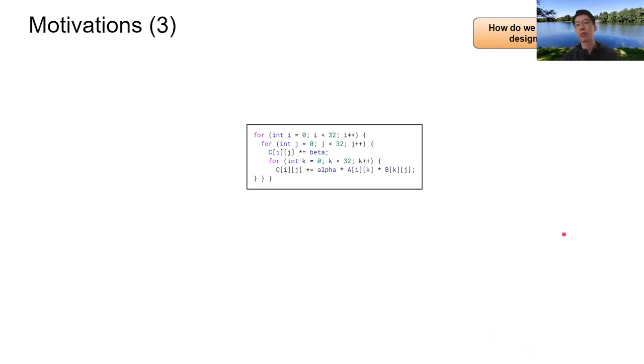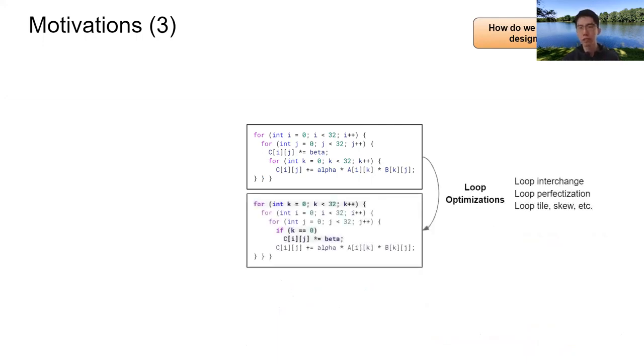But typically, when we do a real HLS design, in most cases, just applying those directive optimizations is not enough. Actually, we highly rely on loop optimizations to further improve the performance and the design quality.